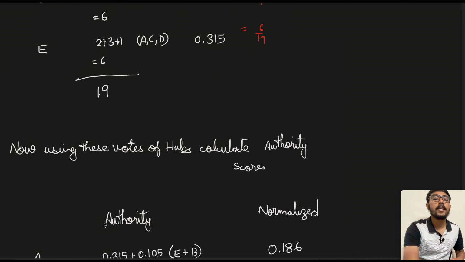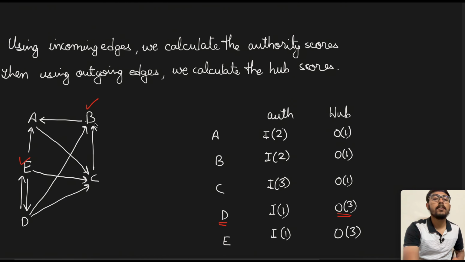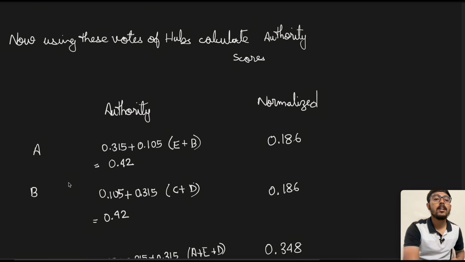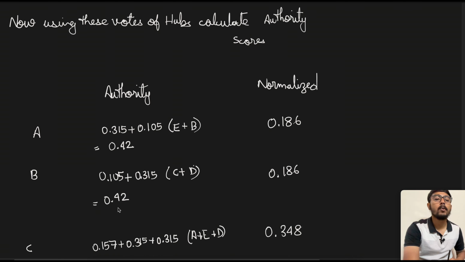Now for B again, if we go above, we see that B is pointed to by C and D. So then 0.42. Remember that we are only considering direct connections.